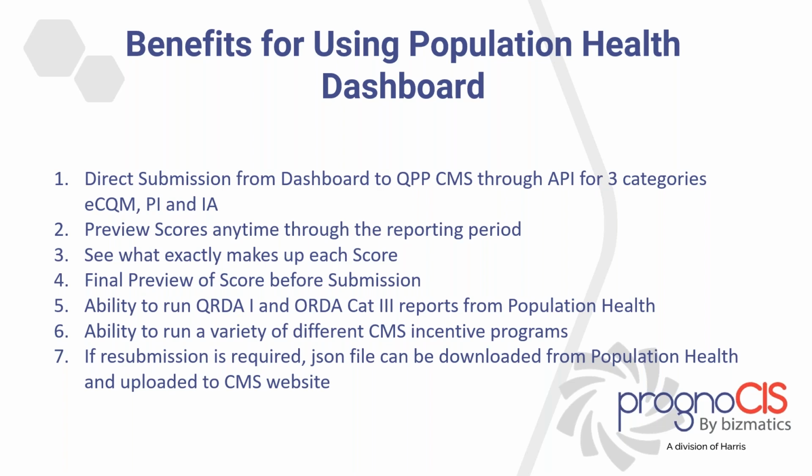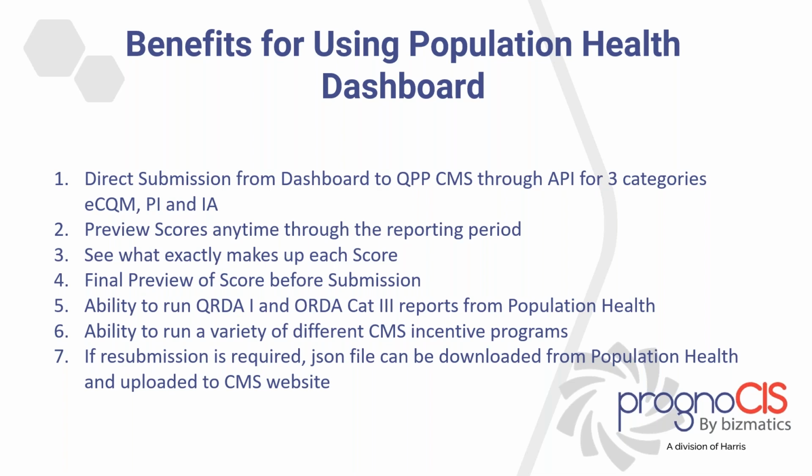You have the ability to run the QRDA1 and the QRDA Category 3 reports from Population Health. You have the ability to run a variety of different CMS incentive programs. And then resubmission, if required, you can print out that JSON file.